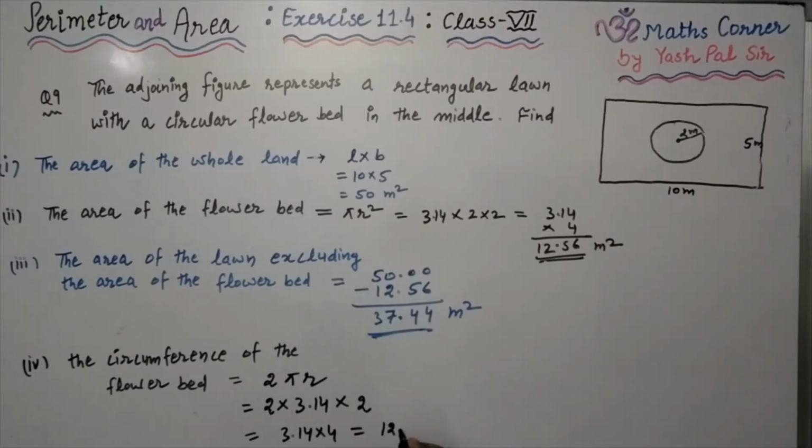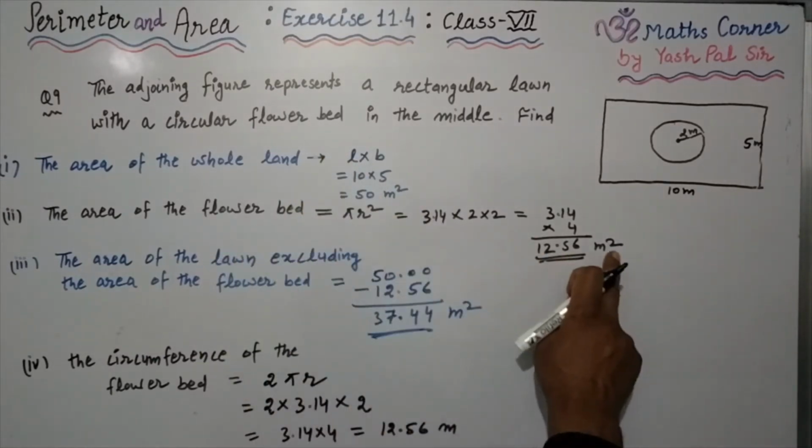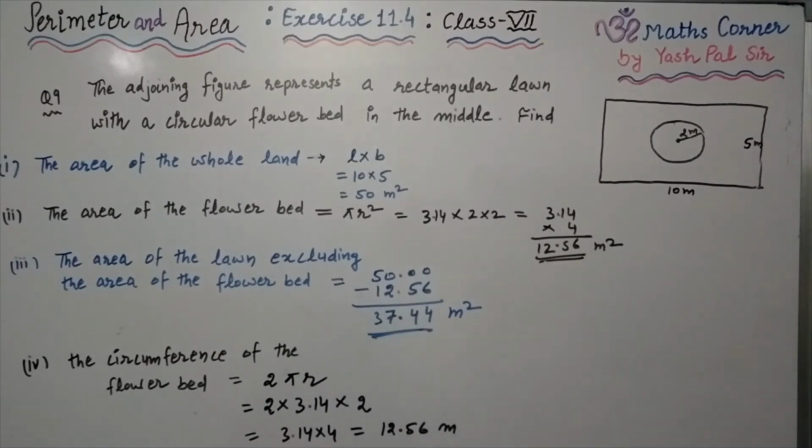So this is equal to 12.56 meter, because we are just calculating the circumference. So we write meter. Length is calculated in a single unit meter, whereas area was meter square. Okay, this is the difference. So this was our question number 9.